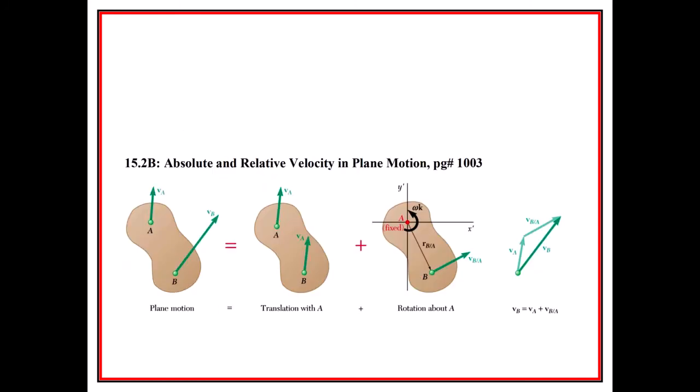Using a three-diagram method to break down velocity, we write down the velocity of B, and we could have picked either one, but a lot of times perhaps we already know the translation of velocity, or we already know the velocity of A. So we'll use A as the reference in order to find B, and we add into that the velocity of B with respect to A right there, right?